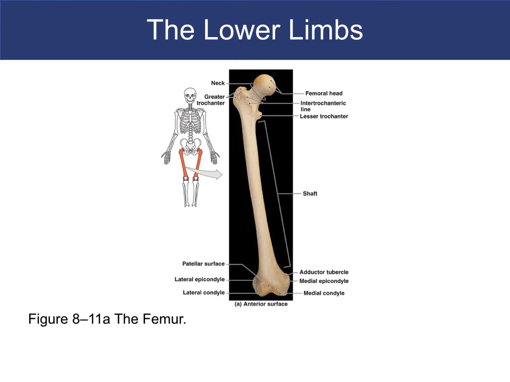This is the adductor tubercle, and as you can see, it's on the medial side, so it's attached to a bunch of muscles that go up to your pelvis and cause your thighs to pull medially, to adduct your thighs, to bring them together. There's a little tubercle down there where a bunch of adductor muscles will be attached.